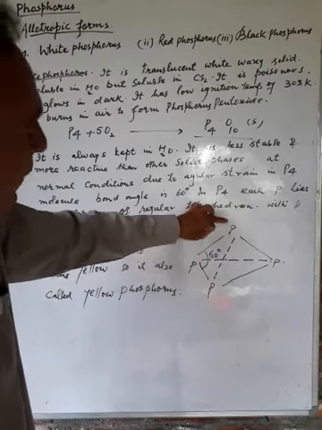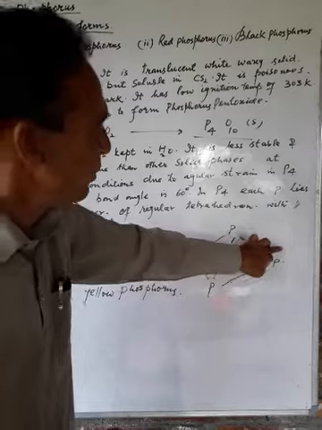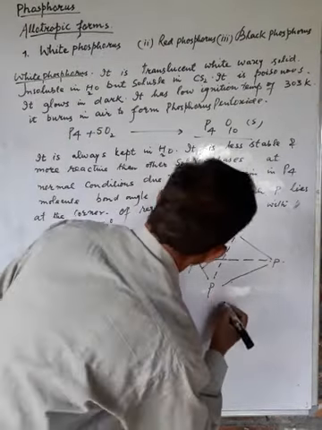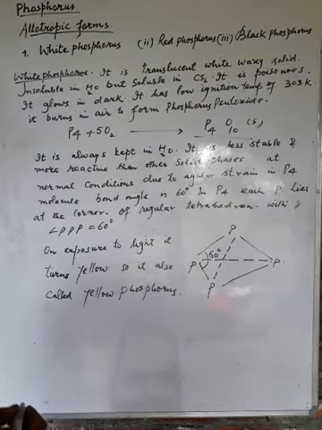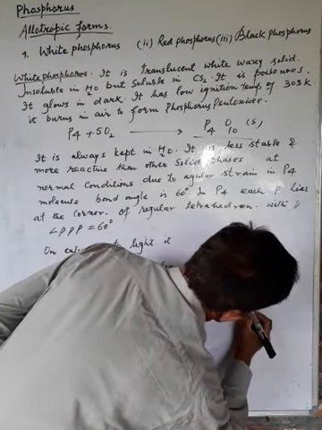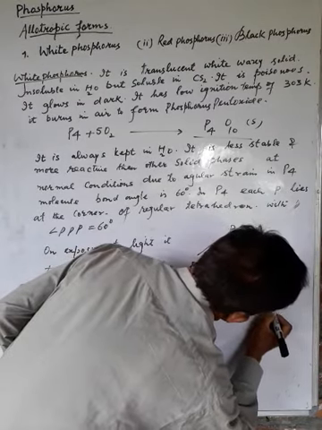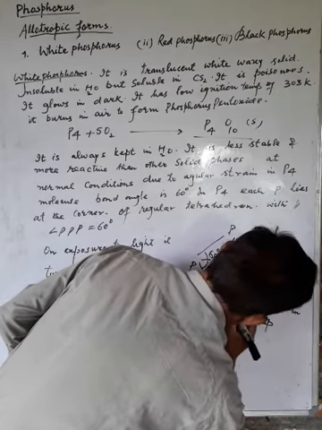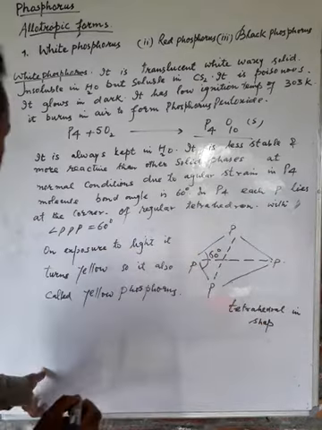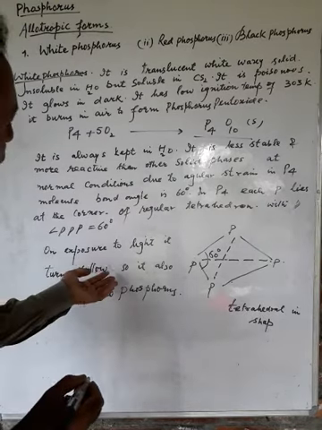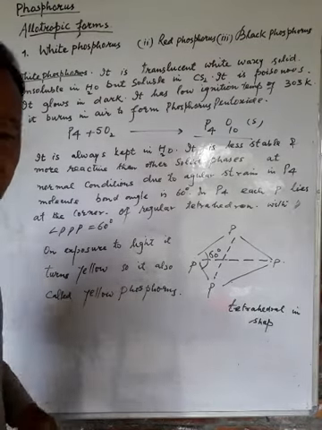In P4, each phosphorus atom lies at the corner of the tetrahedron, so it is tetrahedral in shape. On exposure to light, it turns yellow, so it is also called yellow phosphorus.